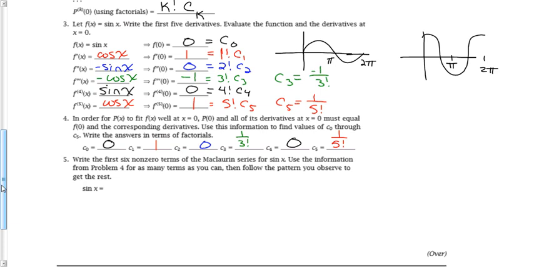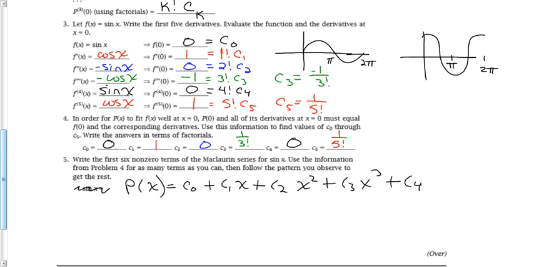So now I'm going to write my terms. And when I write my terms, it's literally just, sorry, I'm going to cross this out. My P of x is exactly as it's written above. That is C naught plus C1x plus C2x squared plus C3x cubed plus C4x to the fourth, etc. So we're going to write sine of x.